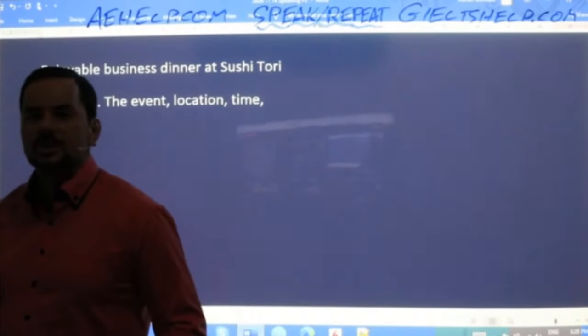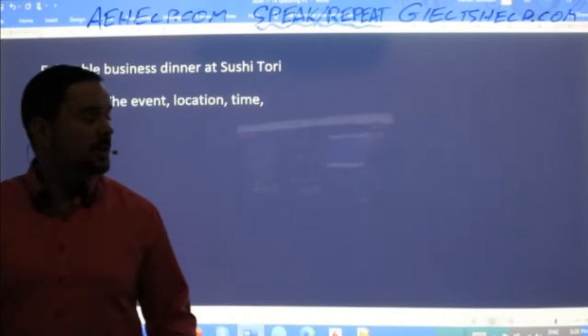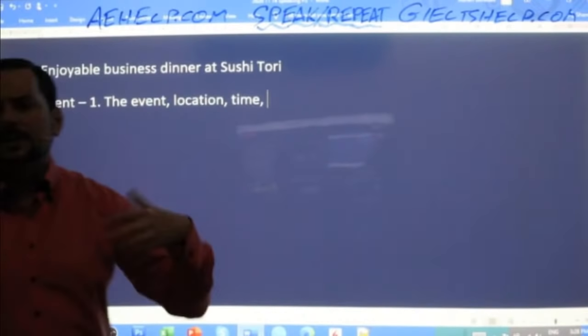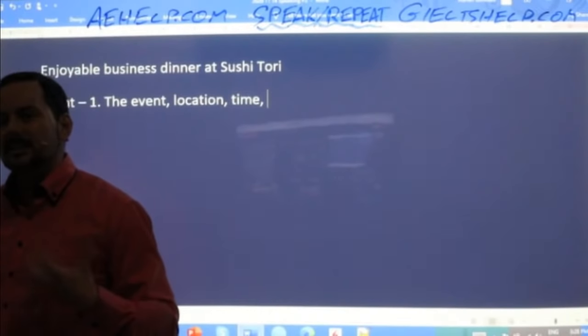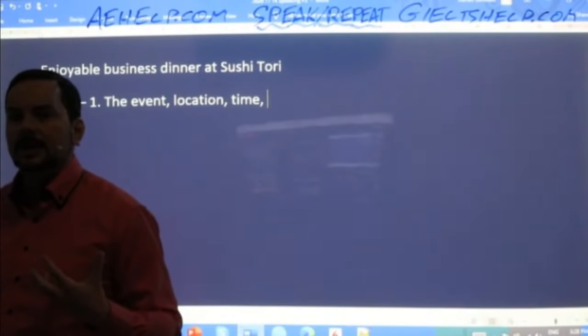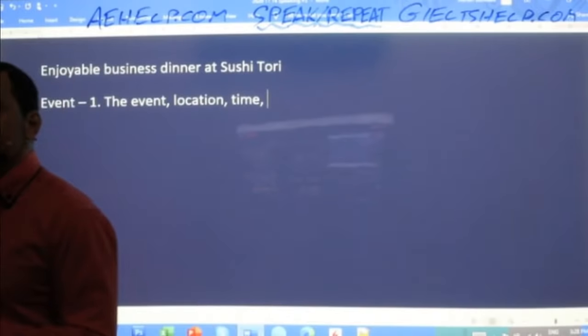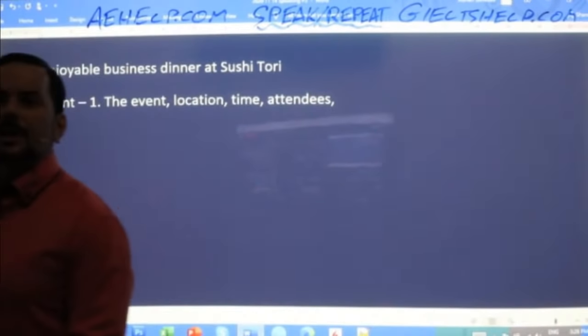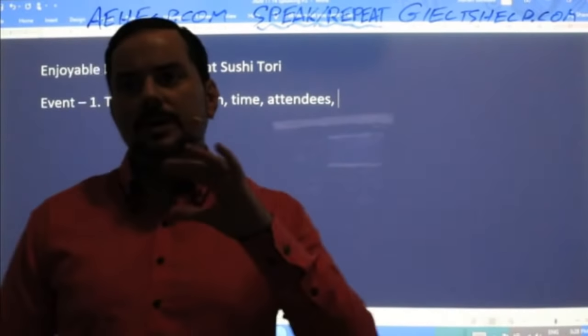I saw a couple of people thinking of questions like what, when, where. Instead, think about statements like the event, the location, the time. When you just think about what, when, where, it's not as clear in your mind. Okay. The attendees, Carolina, that's right. Then activities, and then its significance.